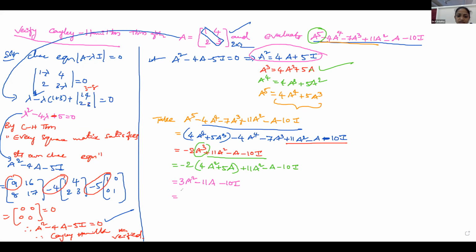What is A square here? 4A plus 5I. Then the remaining polynomial would be minus 11A minus 10I. So we get A plus 5I. This is our required linear polynomial.